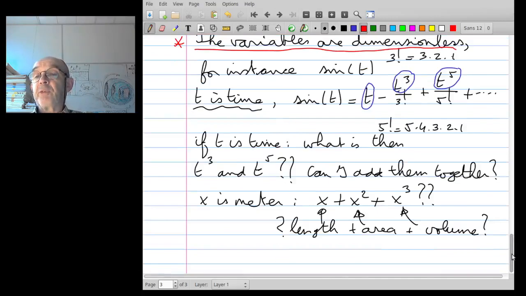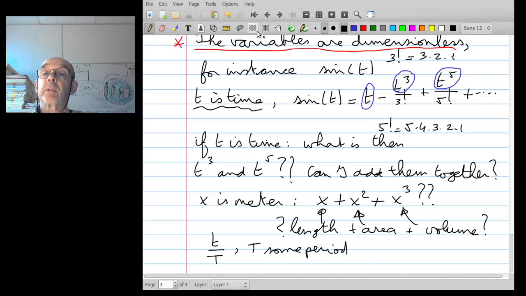And if you have ever a problem and you want to describe it, make your problem dimensionless. And you can do this by, for instance, t divided by some period, and then this one is dimensionless.